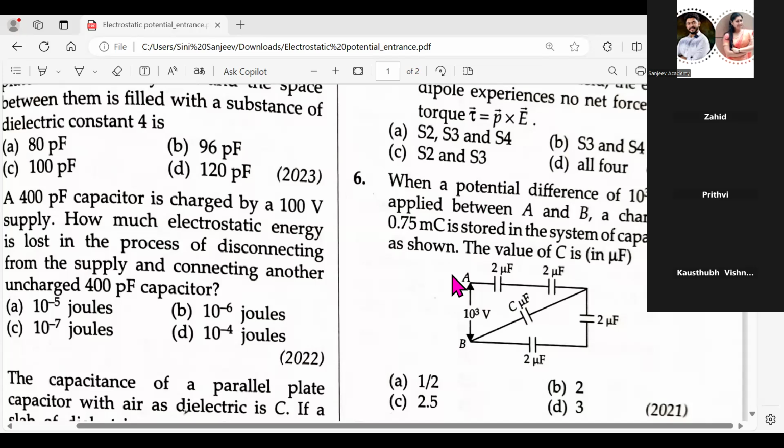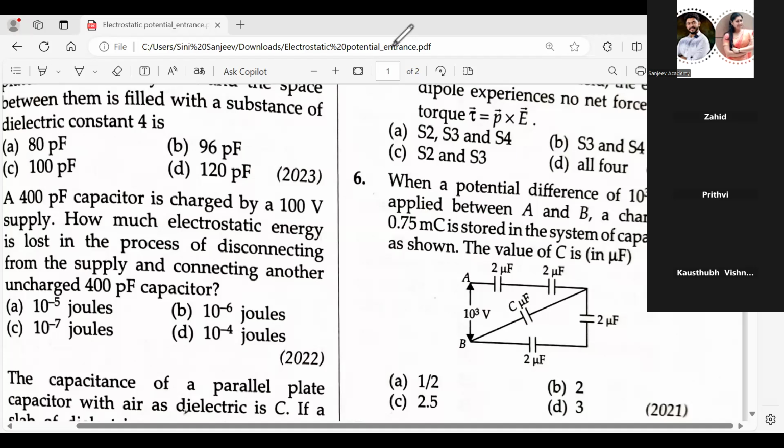Okay. See, current electricity problem. I have told you that if it is in parallel, correct? Coming to this question, I already told you in current electricity how to do it in series and parallel.